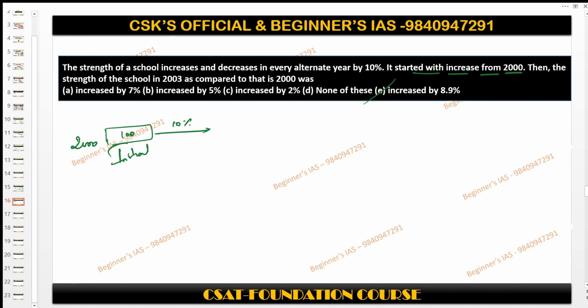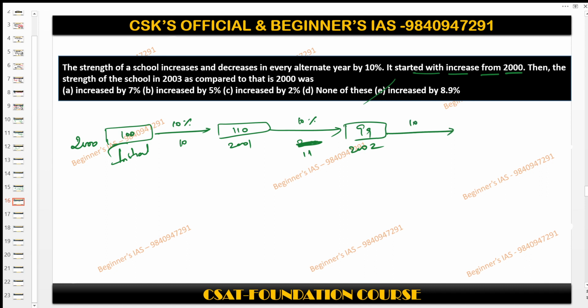Then this increases 10%. Then 110 in 2001. So decreases by 10%. Then 99. 11, this one, so 99. So this is 2002 case.